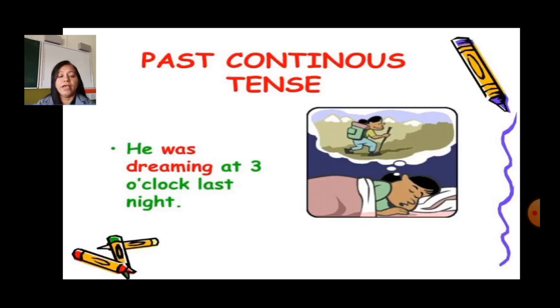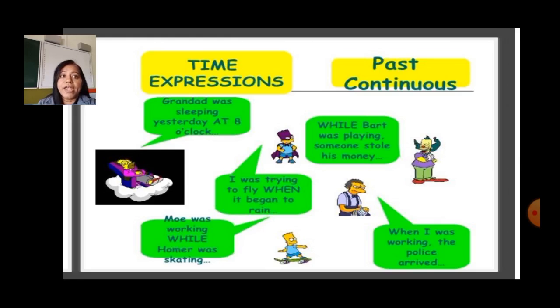Now let's see another example. He was dreaming at 3 o'clock last night. Yes, this is also in past continuous tense, as it is in the past, but at that time the action was going on. Time expression, past continuous tense.